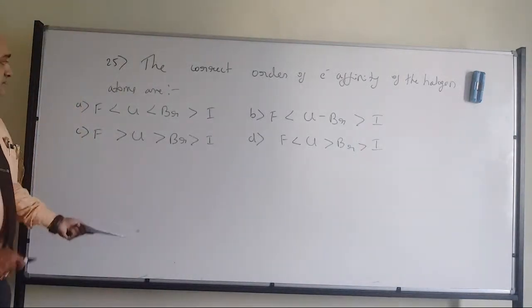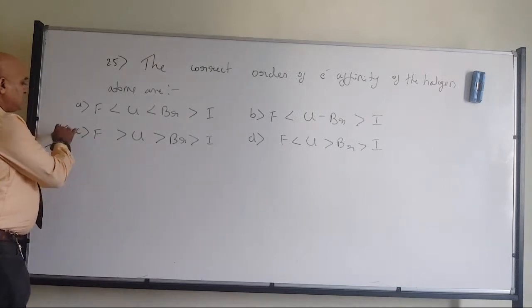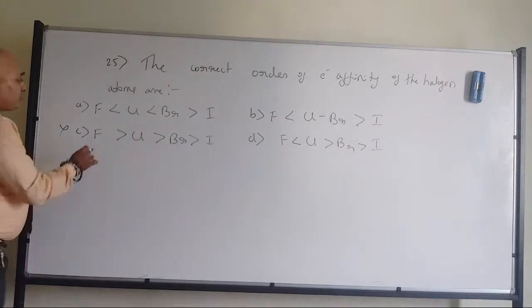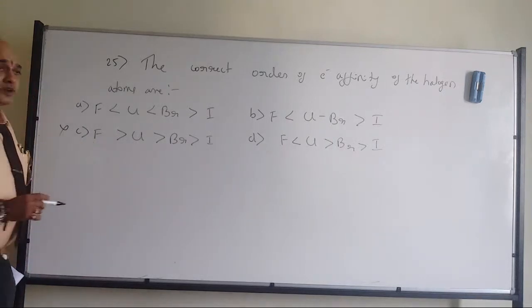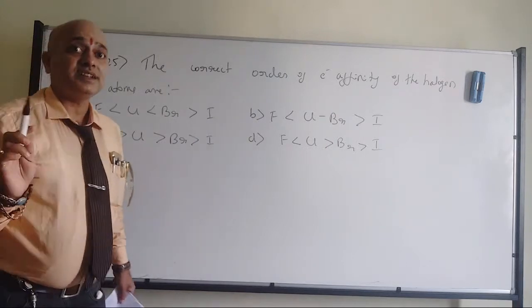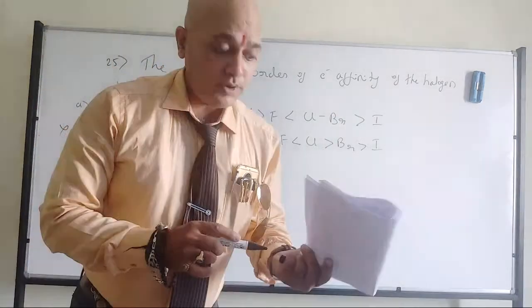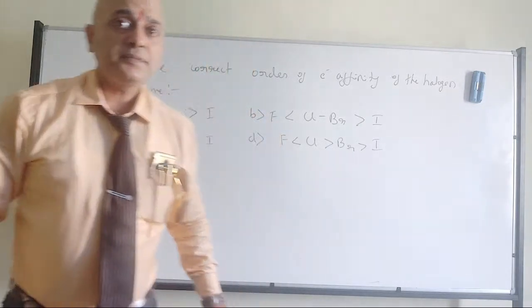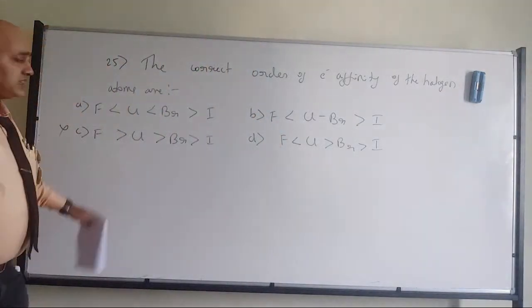See here, option C cannot be the answer because they are talking about electron affinity, and fluorine cannot have more affinity for electrons compared to chlorine. It's not electronegativity. They are talking about electron affinity.